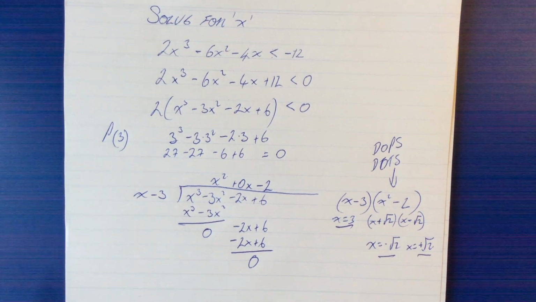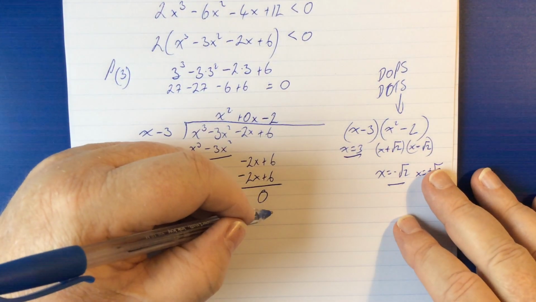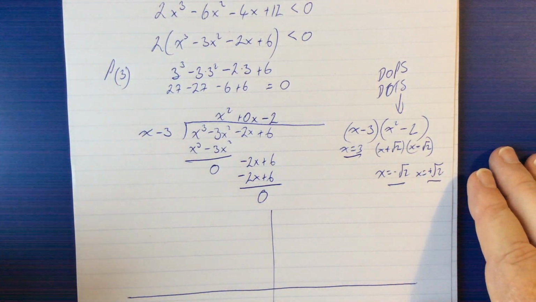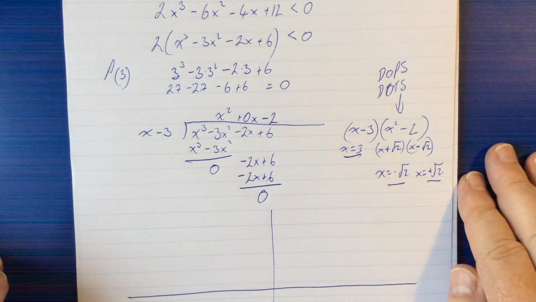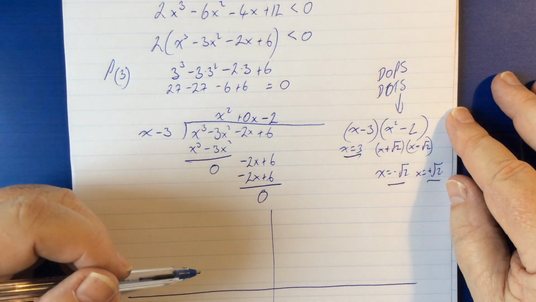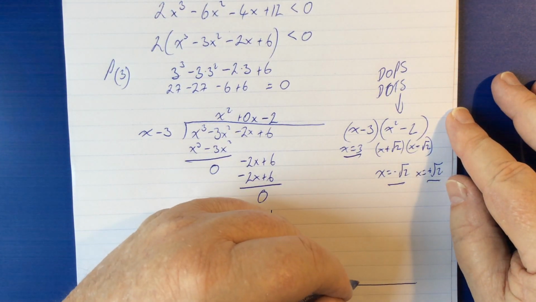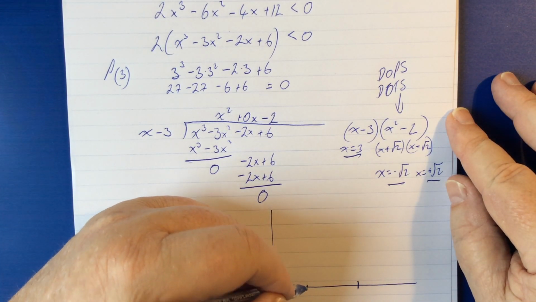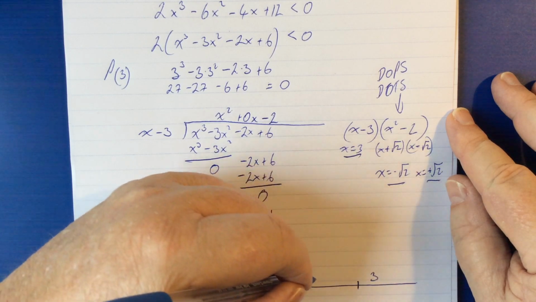So the next step is to graph this thing so that I can show you where it is less than 0. So let's put in the x-intercepts. There is one at 3. There is one at the square root of 2, so that is 3.